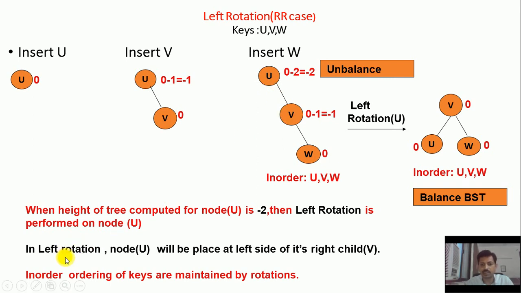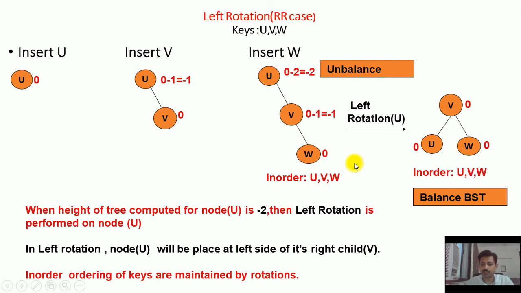You can see the definition here: in left rotation, the node will be placed at the left side of its right child. So V is the right child of node U, and U will be placed at the left side of V. This is how we are rebalancing the tree, and this is our balanced tree after performing the left rotation.